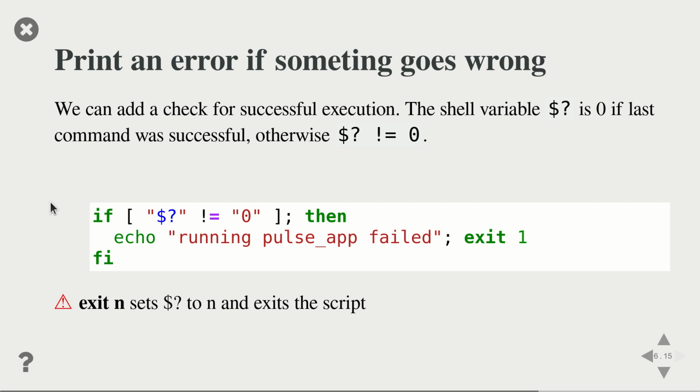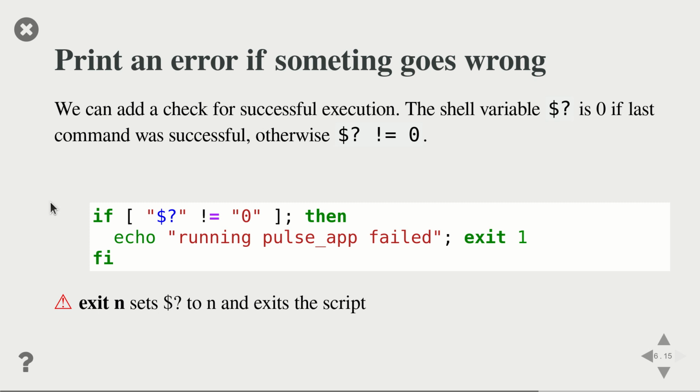So imagine the PulseApp that I just had. If I want to check if the simulation runs successfully or not, I can do an if statement like this. I check if the $? is 0. If it's 0, it's successful. If it's not 0, then I can put an error message saying running PulseApp failed.